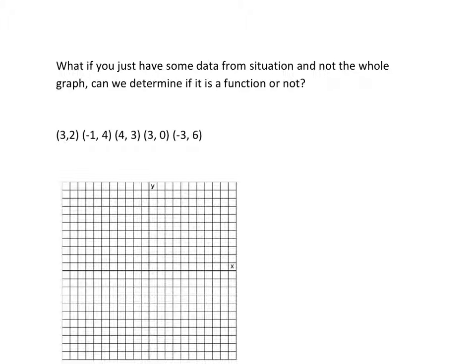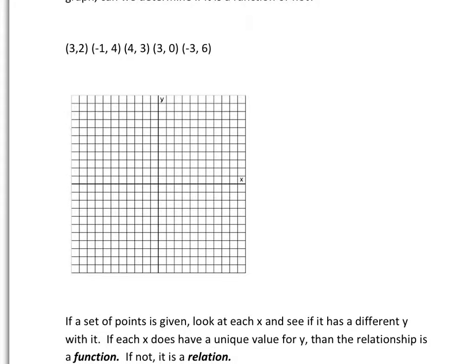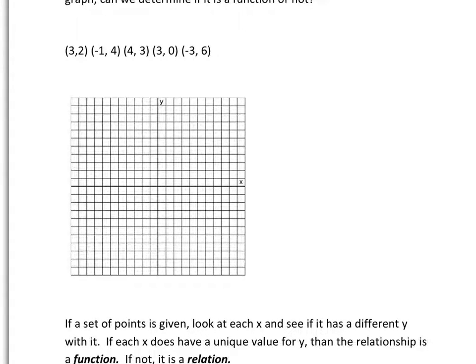Sometimes we're just going to look at a set of points and see if it determines a function or not, and not look at a whole equation. So here's a set of points. I'm going to draw a picture of them on the Cartesian plane, and once again I'll use that picture to help me decide if these points represent a function or not. So 3, 2 is right here.